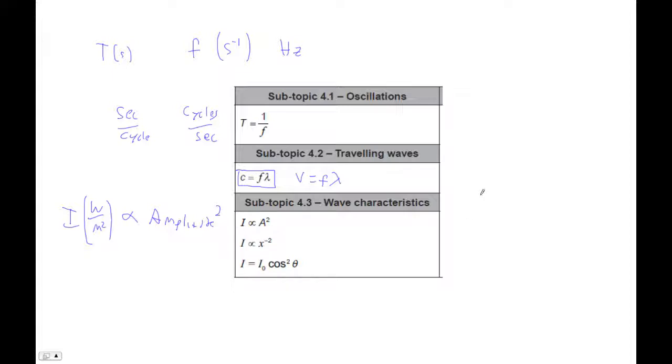So let's say you've got two sine waves, and you've got one with a low amplitude, and then another one with, say, twice the amplitude. If this one has twice the amplitude, it's actually 4 times the intensity: 2 times A causes 4 times the intensity. They actually give you questions like that, so that's interesting, right?